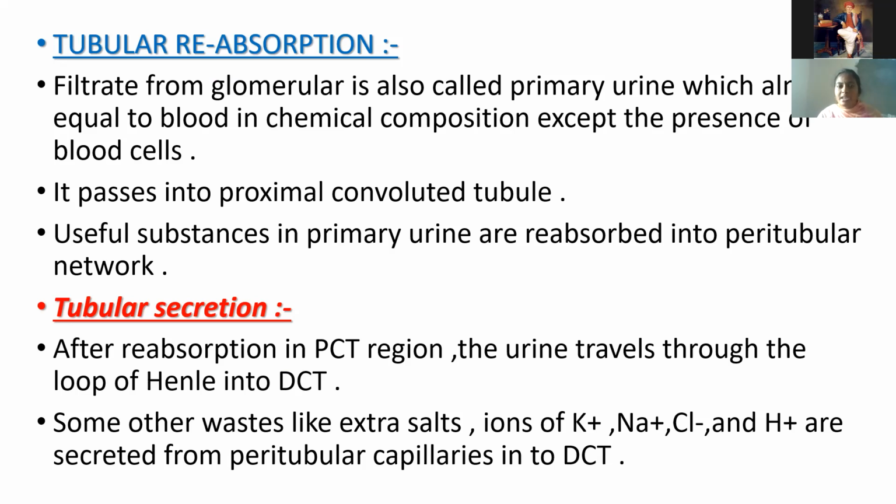The primary urine then passes through the proximal convoluted tubule, that means the PCT or first convoluted tubule, where the useful substances are reabsorbed into the peritubular network.